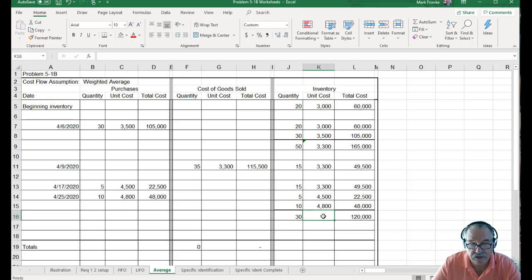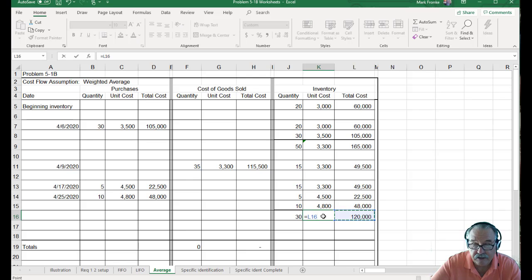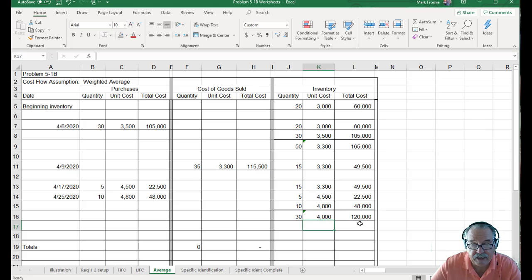So I'm going to calculate the average by taking the 120,000, dividing it by 30 units, and I get an average cost of $4,000.